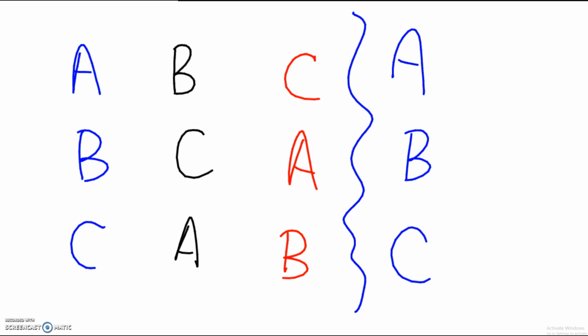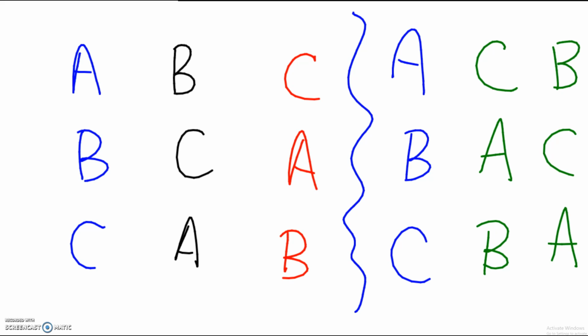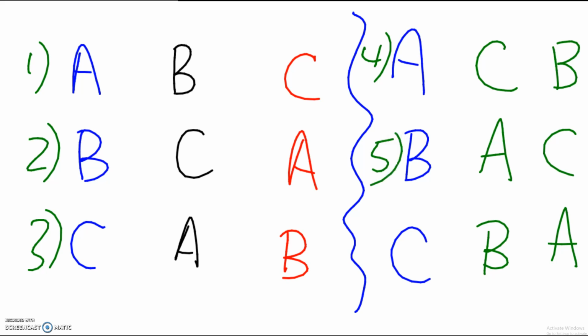We could say instead of having person B next, we'd have person C, then person B, or person A, then person C, or person B, then person A. And all together, our options would be A, B, C, B, C, A, C, A, B, A, C, B, B, A, C, or C, B, A.